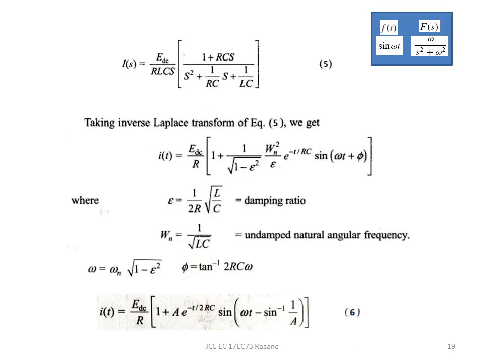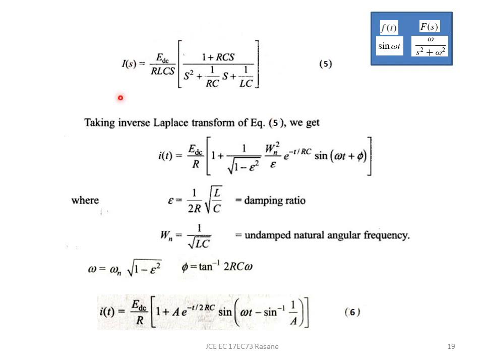Now coming to this equation 5, what we have got in the previous slide, I of S is equal to EDC upon RLCS, and you see inside the bracket the denominator is a quadratic equation. So if I have got in the time domain sin omega t, this is the S domain. In the S domain, I get a denominator with a quadratic equation in omega.